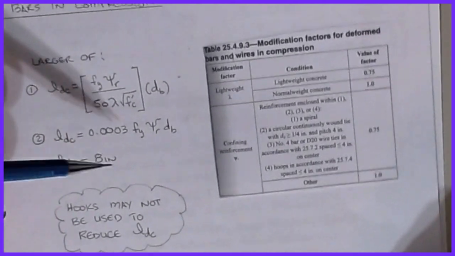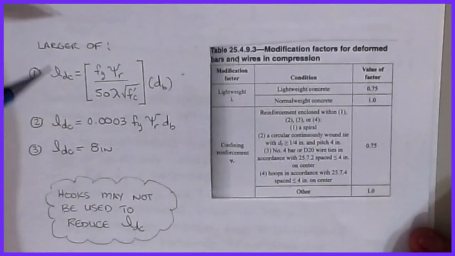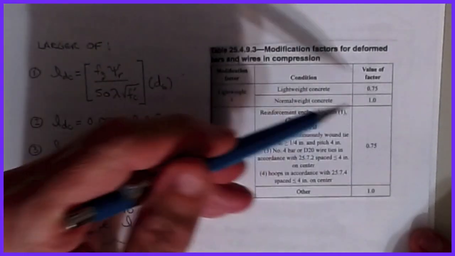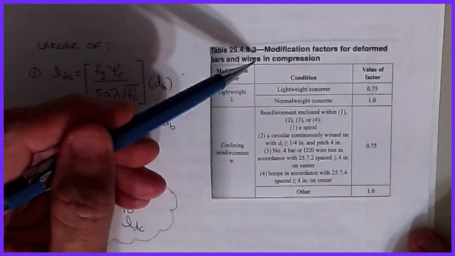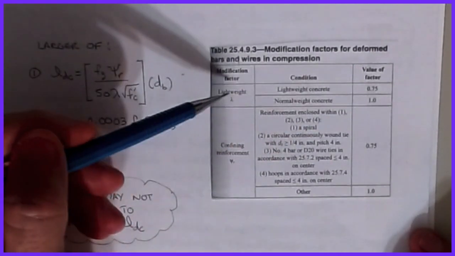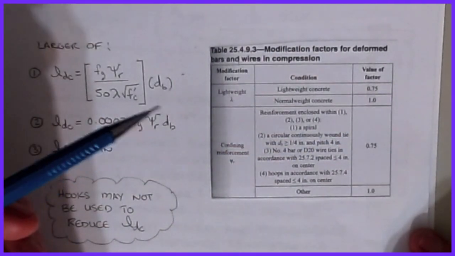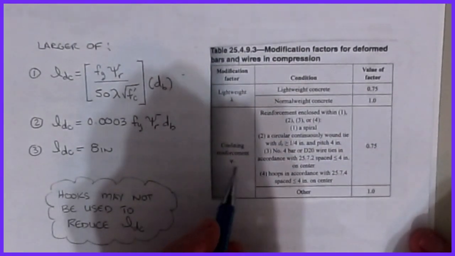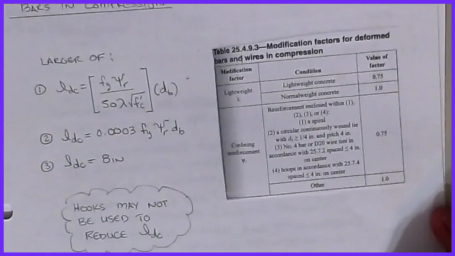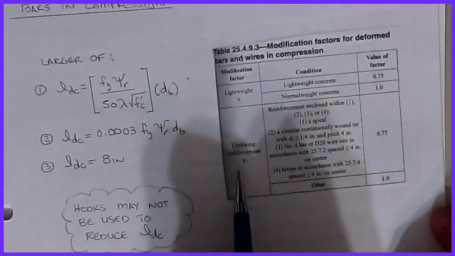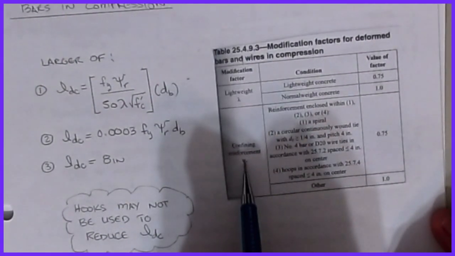The modification factors for bars in compression are a very similar table. We're looking at 25.4.9.3 this time. Again, lambda is 1.0 for normal weight, and then this is psi r, which basically has to do with confining reinforcement.